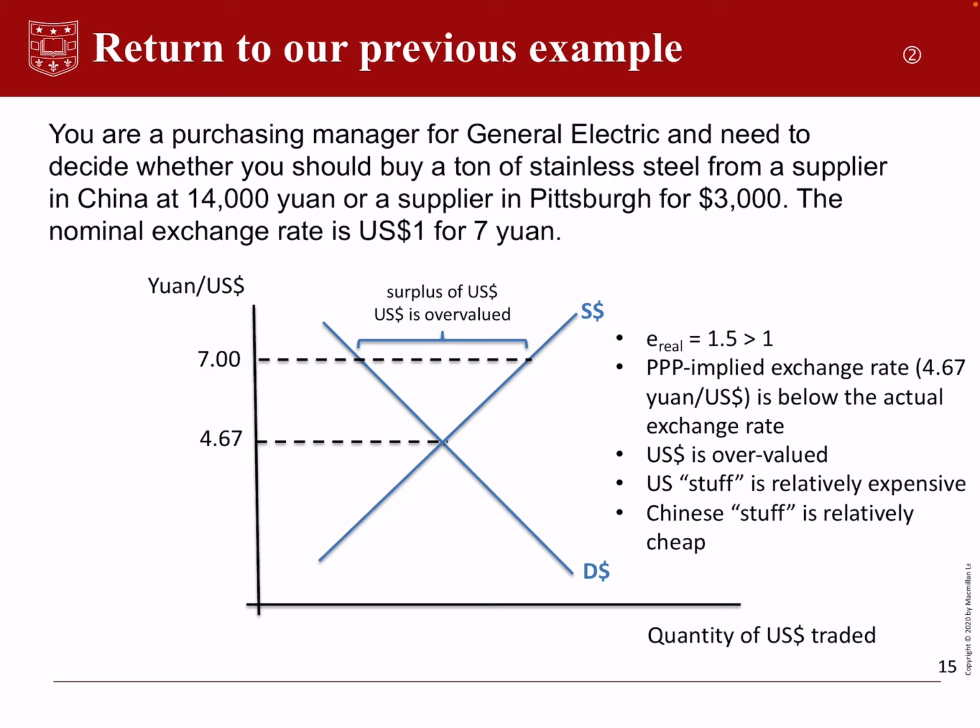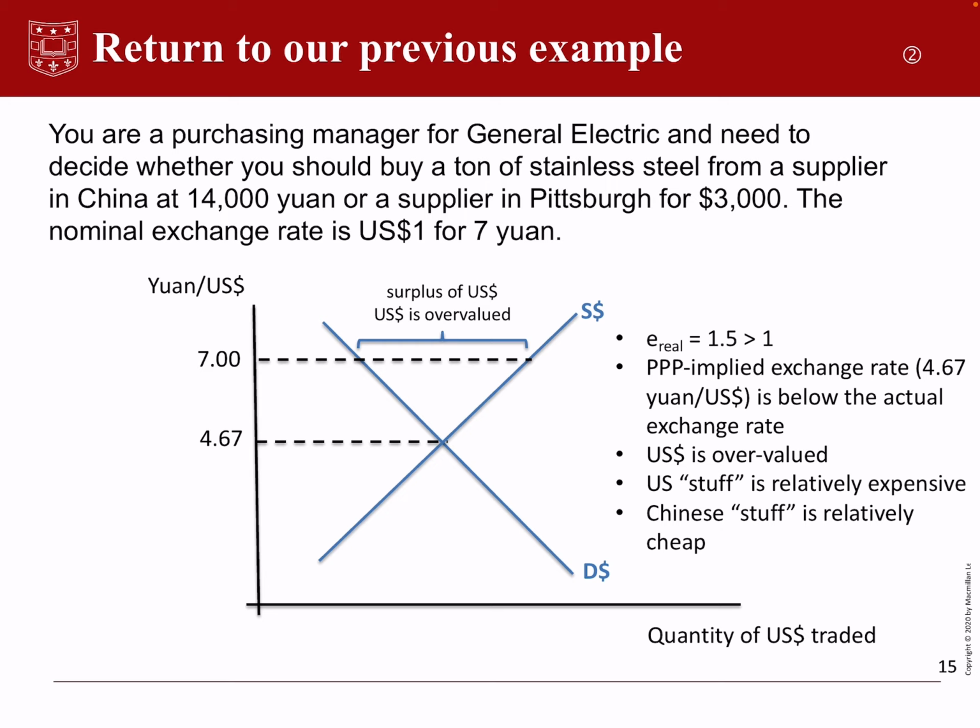We saw that you should buy Chinese steel because the dollar price of Chinese steel was less than the dollar price of US steel. We saw that the yuan price of US steel was higher than the yuan price of Chinese steel. That was our earlier example. We get relatively more units of Chinese steel for every 1 unit of US steel.